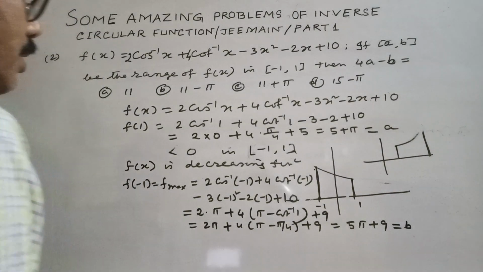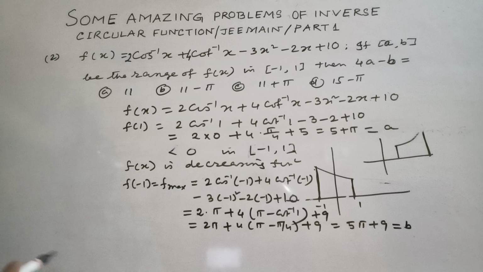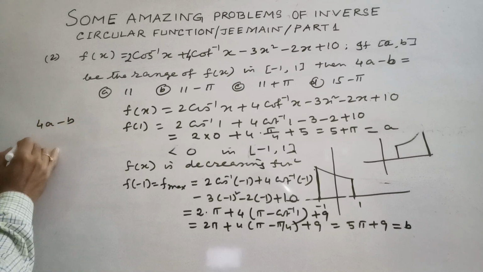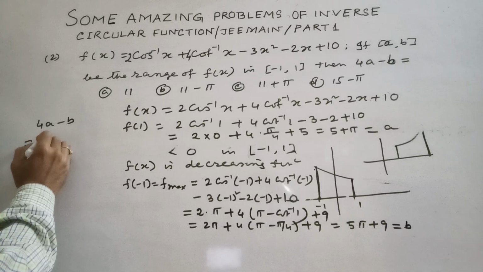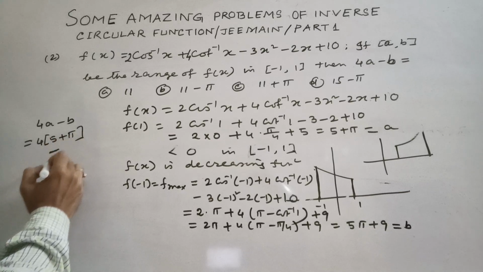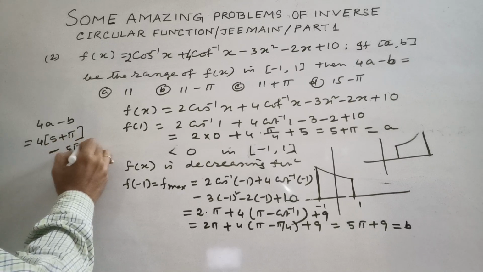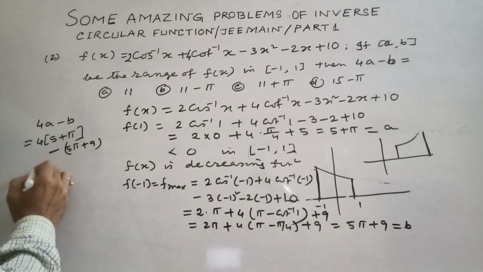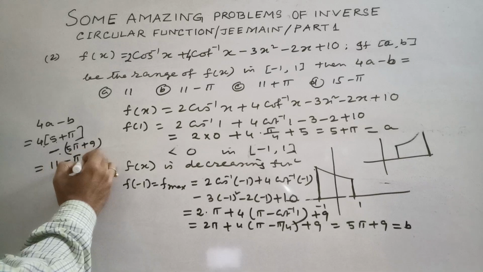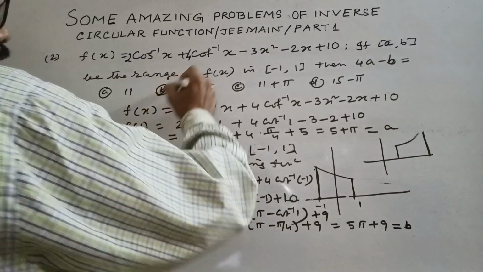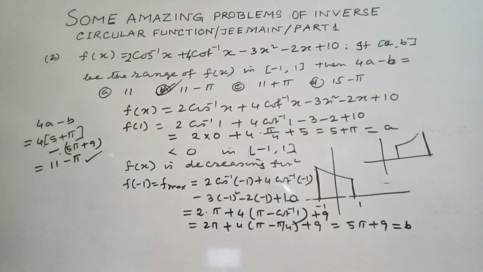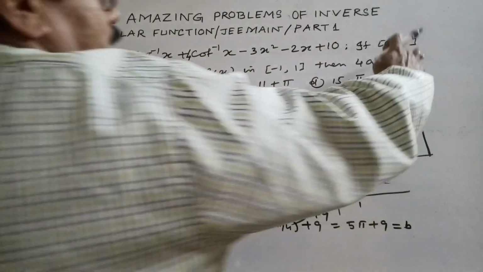So calculate 4A minus B. Now 4A minus B equals 4 into, what is A? pi plus 5, minus, what is B? B is 5 pi plus 9. So 20 minus 9, so 11 minus 5 pi. So this is option B. Now look, AB is the range.